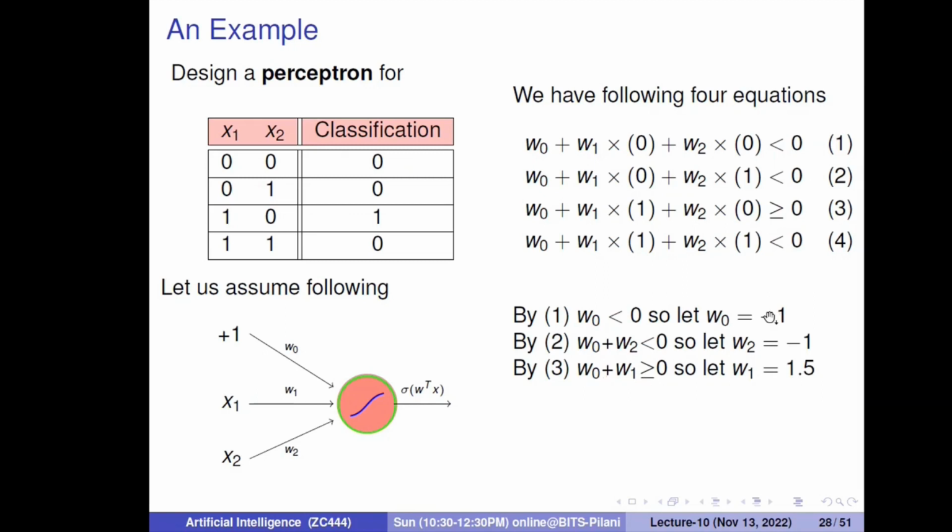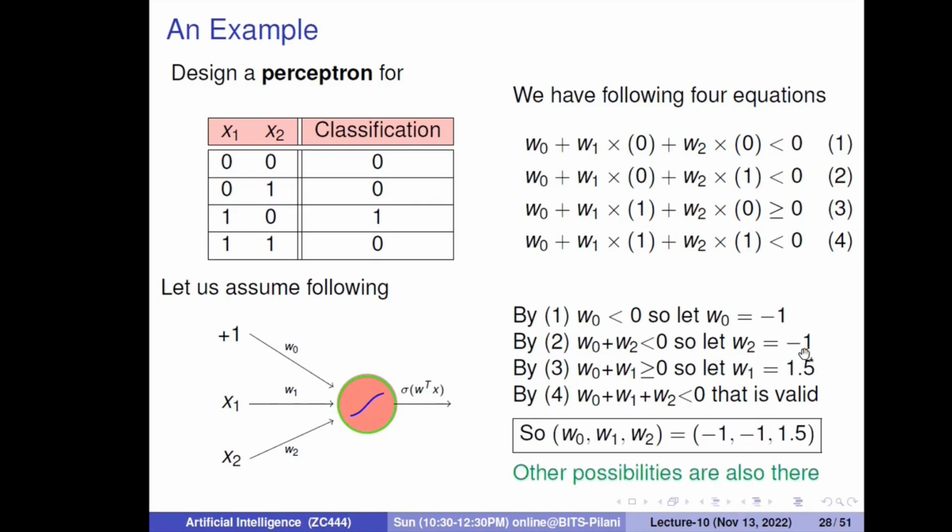Since w0 is minus 1, what I add over here so that it becomes greater than 0? So 1.5 I have to add. Fourth equation, the summation of all these quantities should be less than 0. So by choice it is actually less than 0. So you now know what the weights are, you put them here. So this is the perceptron that does this kind of classification.